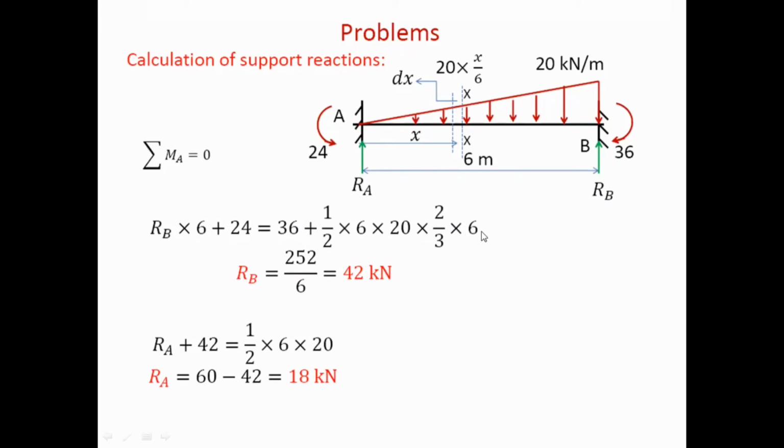H by 3 from base and 2h by 3 from apex. So apex is here, so it is 2h, which is 2 into 6 divided by 3. So RB is 252 upon 6, which is 42 kilonewton. Then you find the reaction at A as 18 kilonewton.